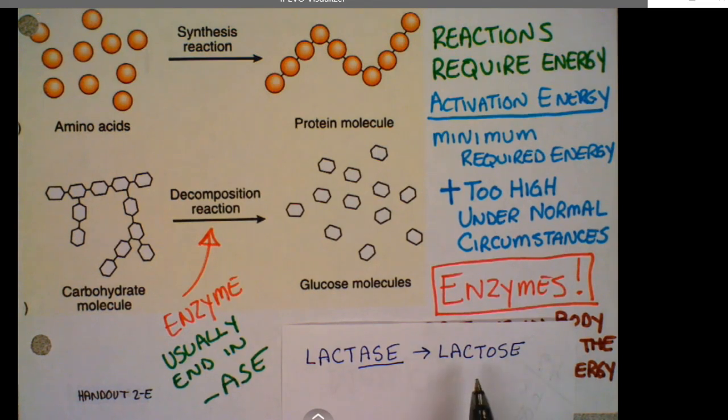If you are lactose intolerant, you don't have this lactase enzyme. This lactase enzyme is missing, or you don't have enough of it to break down the lactose. So when you eat lactose, like if you drink milk or if you eat ice cream, that lactose is going to go into your digestive system, but it's not going to get broken down because you're missing the enzyme lactase.